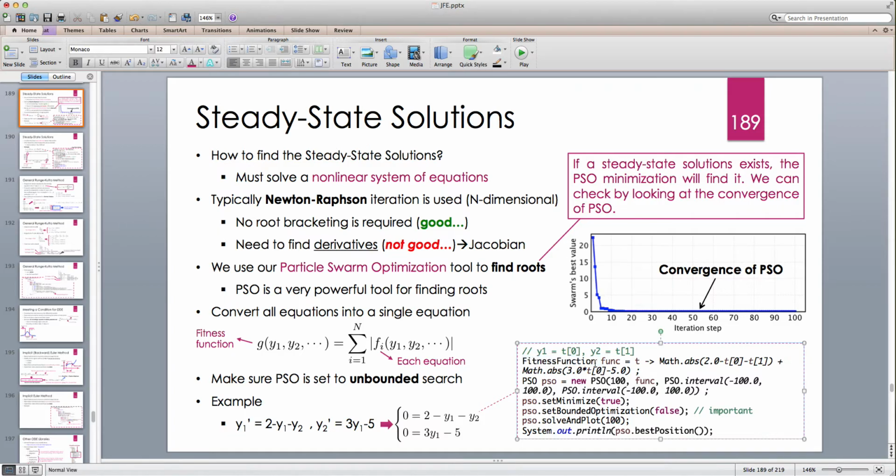Basically, it brings the fitness function to 0, and that's what we want, right? Because we already know that the absolute value of something plus the absolute value of another thing, if it has a solution, it can only be 0, right? And we hit this 0. The best value is basically the value of the fitness function. So we definitely hit a solution for this system.